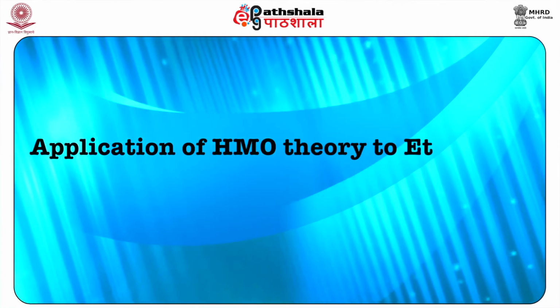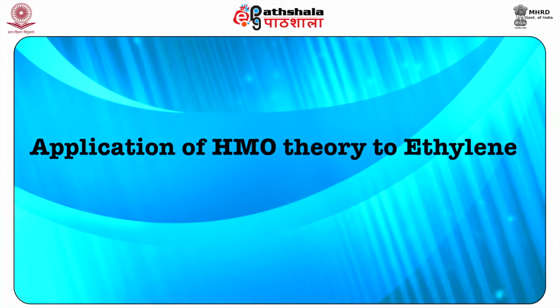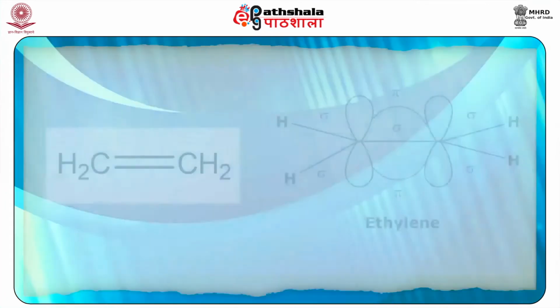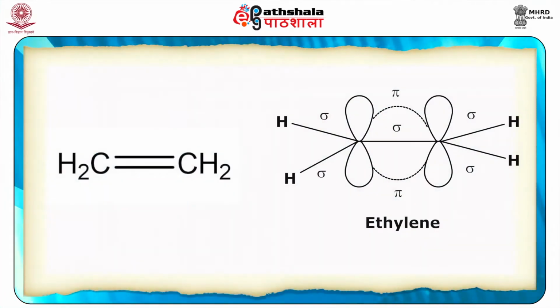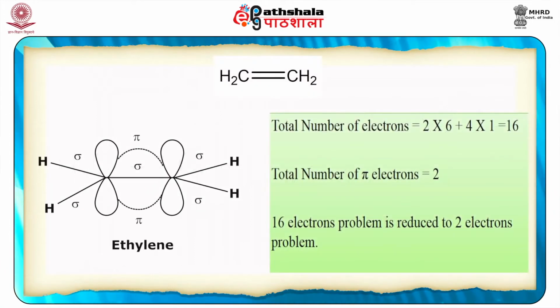And now we will apply it in a clear form to a very simple molecule, and that is ethylene. Let's now study the application of HMO to the ethylene molecule. The ethylene molecule, as you all know, consists of 2 pi electrons and has one double bond. Look at the structure of the ethylene molecule. In total, the ethylene molecule has 16 electrons, as you can see here.